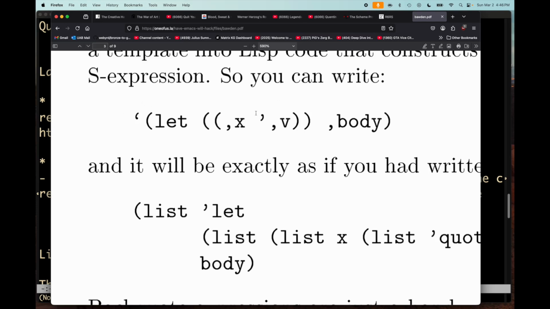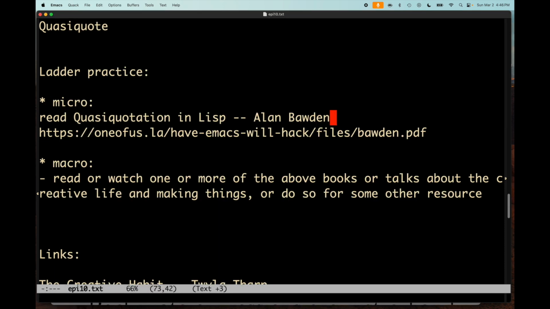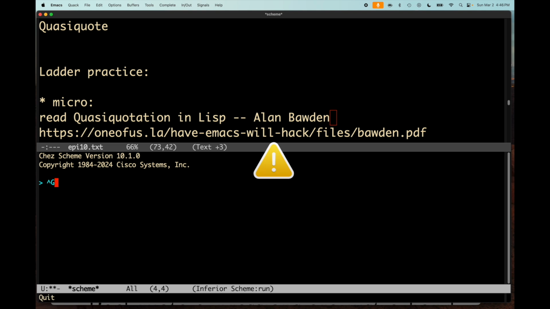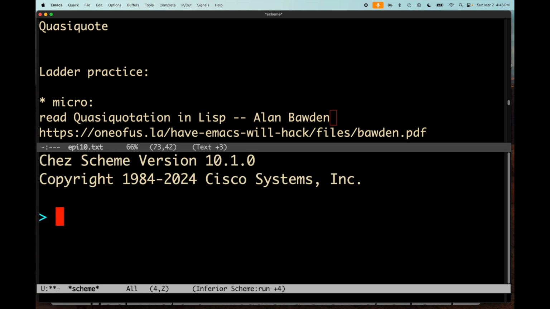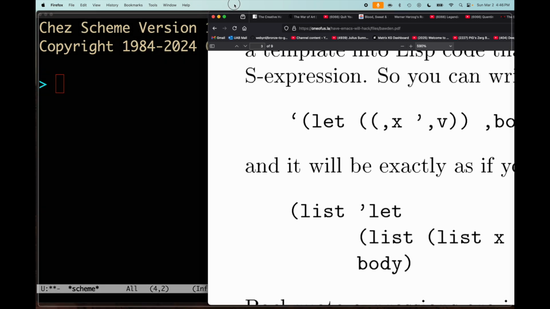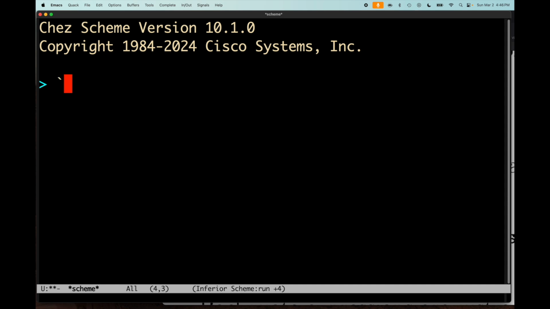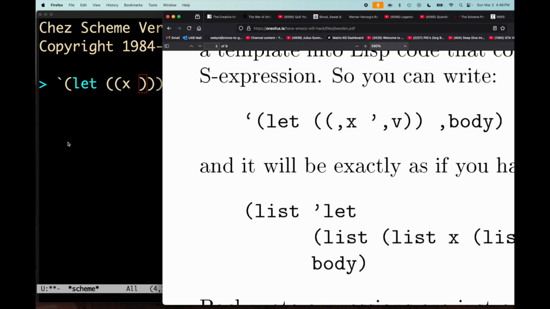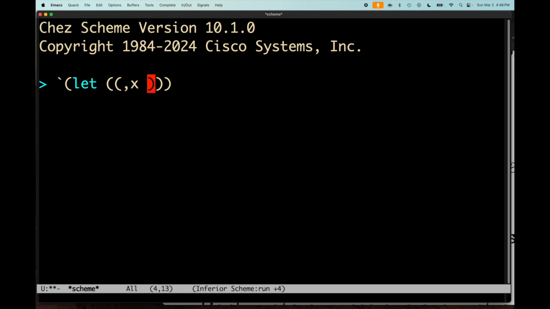On the keyboard, or when I'm typing in Emacs, it looks different. So let me start up Emacs. If I were to write that expression, let me write this expression. Okay.